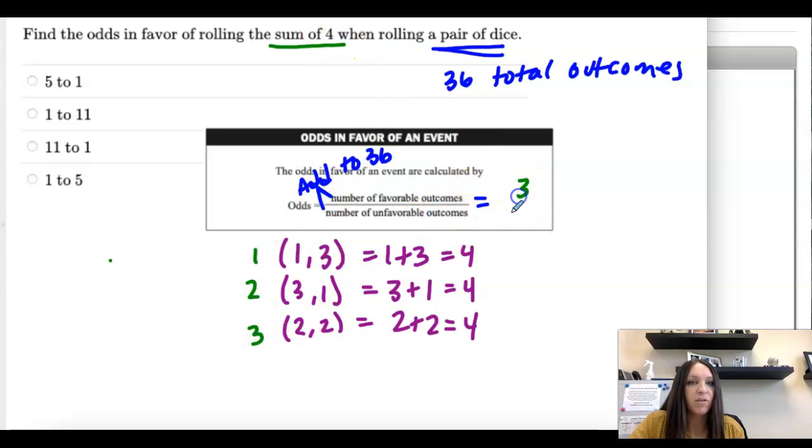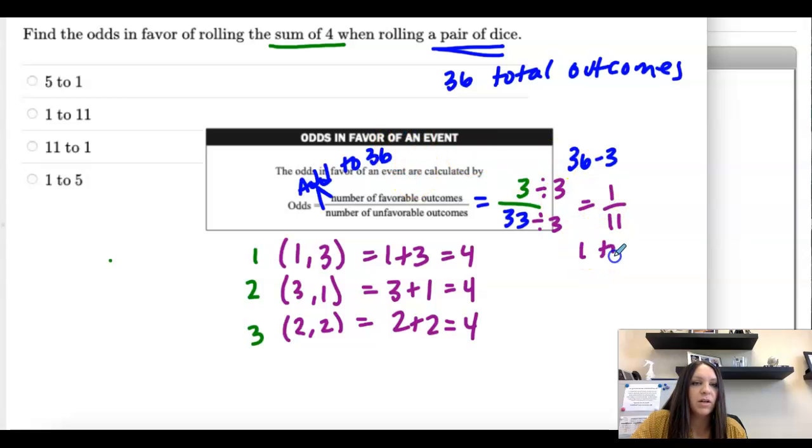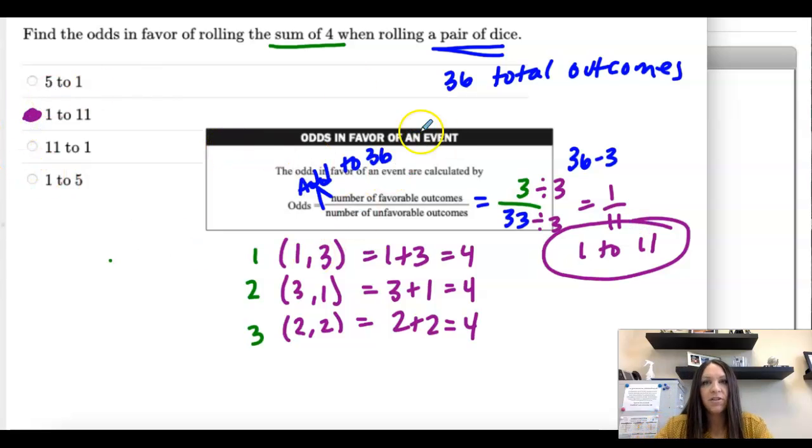That's my favorable outcome. To get the unfavorable, I take 36 minus 3, because remember, these have to add to 36. So there's 33 unfavorable. This fraction reduces to 1 over 11. So my odds in favor would be 1 to 11. And that's it for this section.